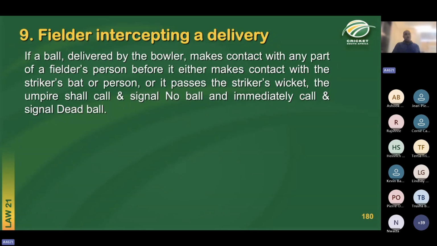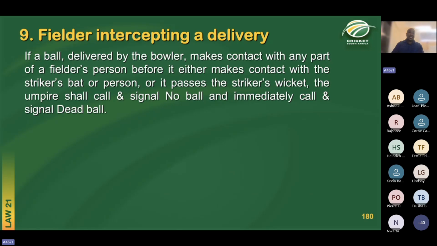If a bowler bowls the ball, and if, for example, there's a short leg fielder, maybe 2 meters wide of the striker, that short leg fielder is obviously off the pitch. The ball is bowled in the air, and before it gets to the striker, or before it makes contact with the striker's bat or person, it goes wide and it hasn't landed.